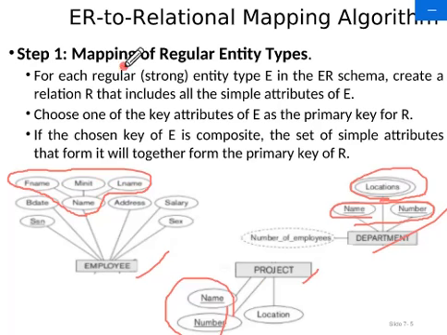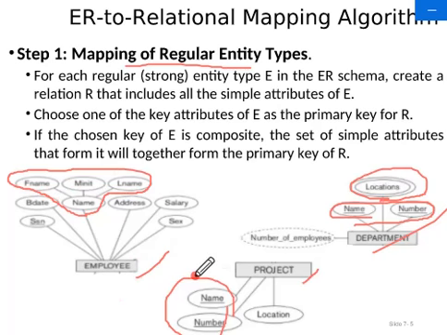So first we map the regular entity type. When we map the regular entity type, we have to create a relation for each regular entity type, and we have to write the attributes and specify the key attribute.